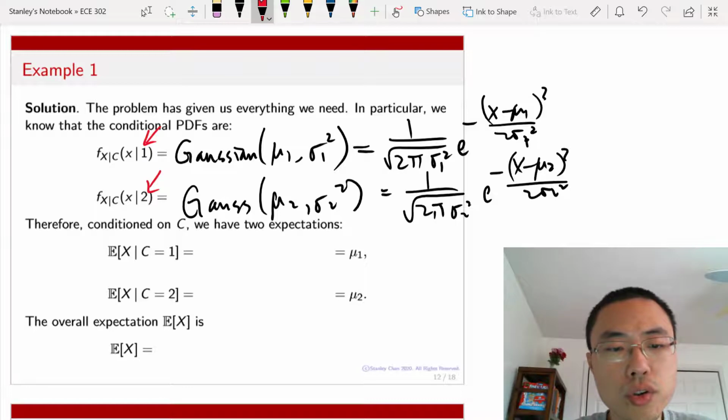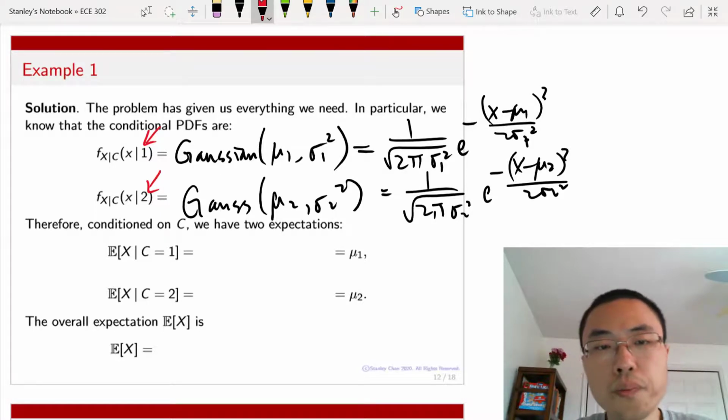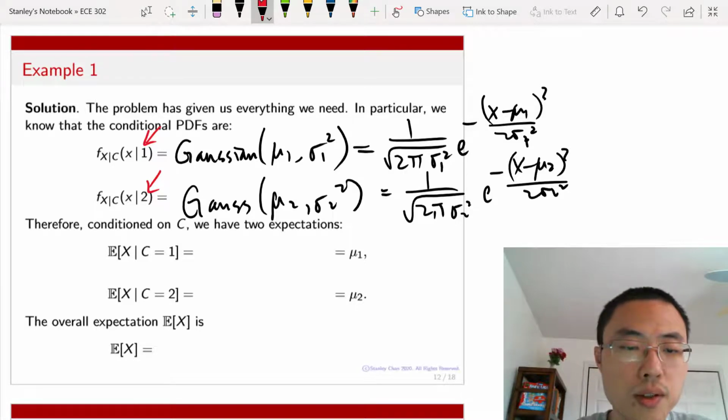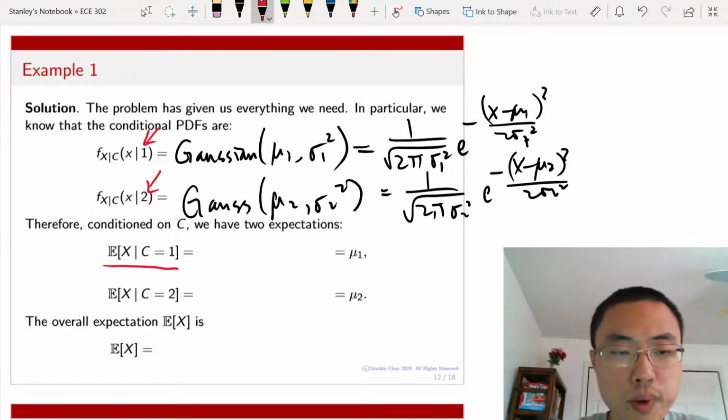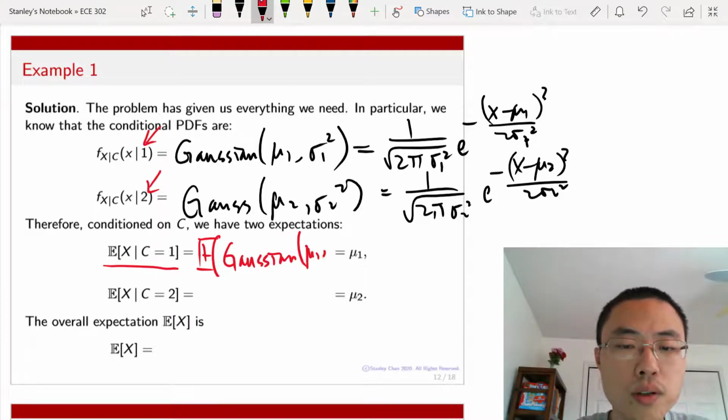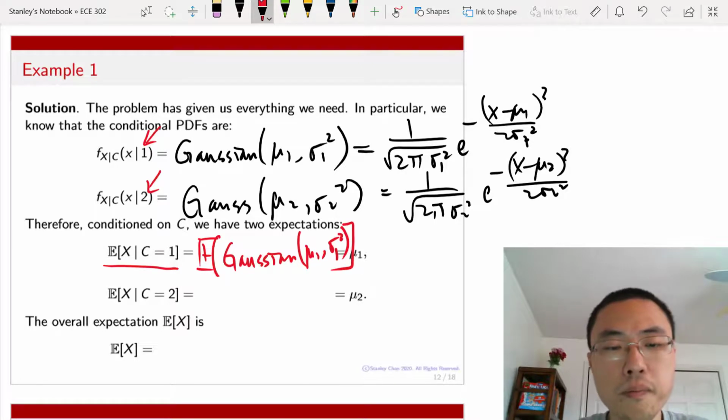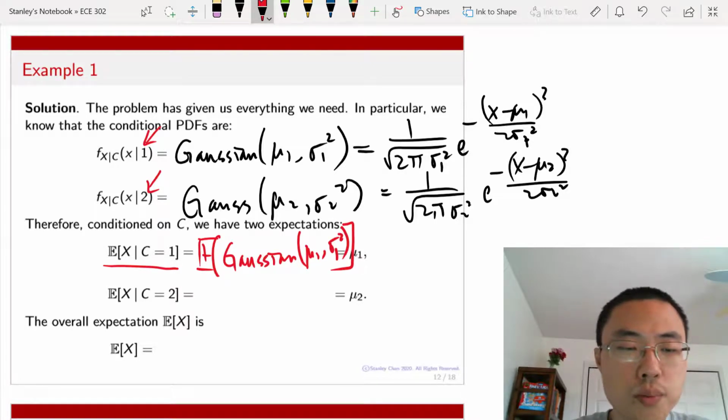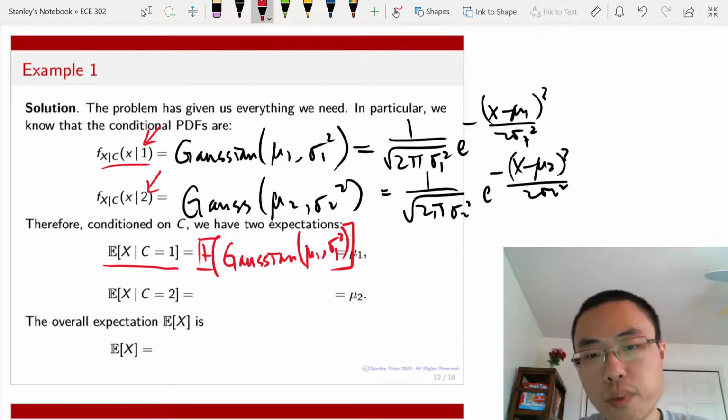Now, once you're conditioned on C, we can calculate the expectation. There are two expectations here. The first is the expectation of x given that C equals class 1. This is really the expectation of your Gaussian of mu1 and sigma1 square. I just need to put this PDF into the calculation, and then I will be able to get the expectation.